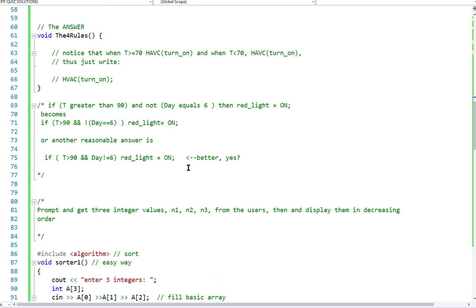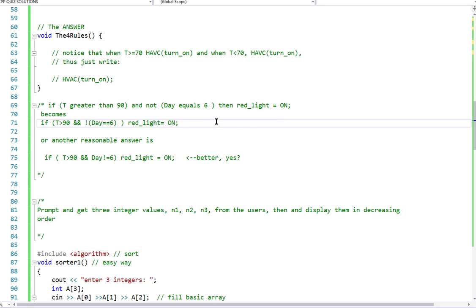Another question was, you're given this sentence: if T is greater than 90, whatever T is, temperature, and day is not equal to 6, then turn the red light on.